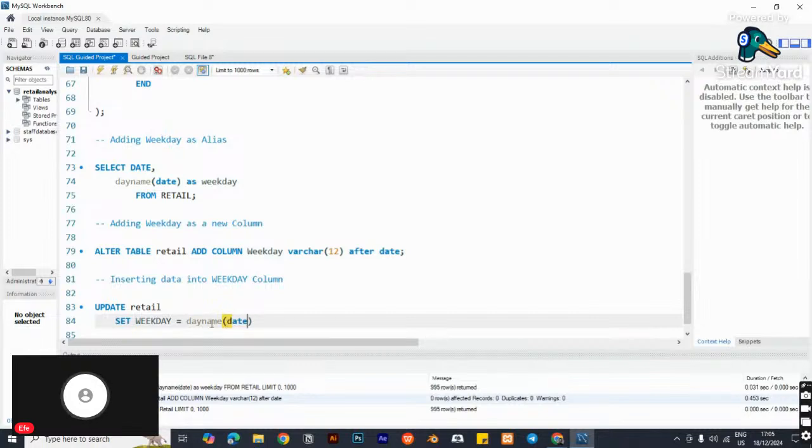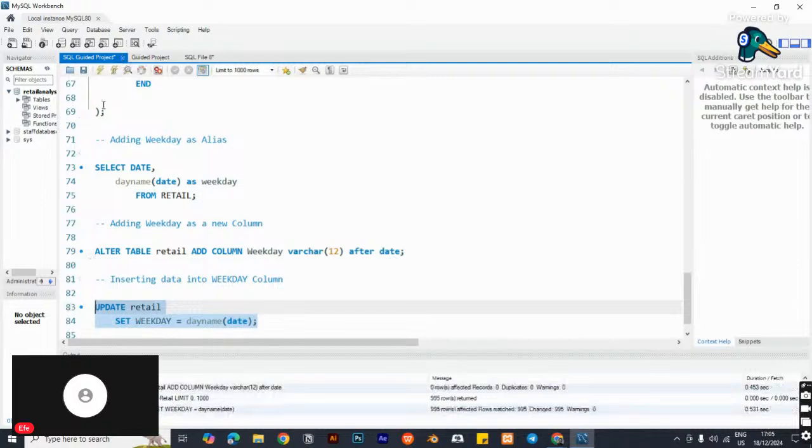So this date is an argument within this library function day name. So we update the retail table and we are setting this column name. Remember your syntax, very, very important. And then we put our semicolon.